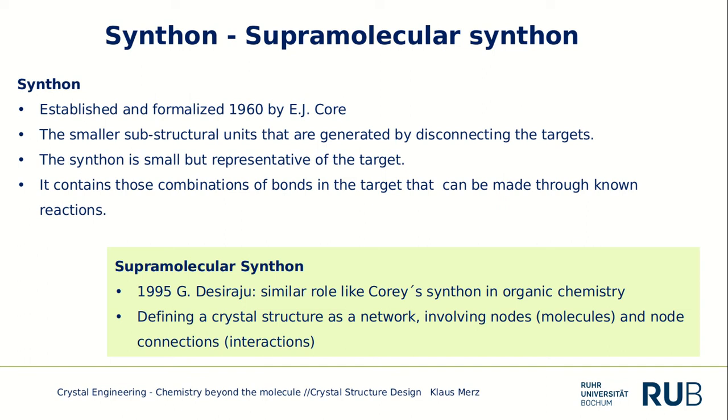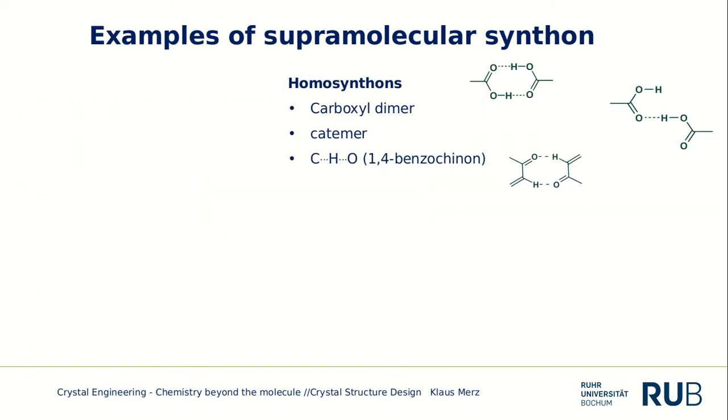And during our lecture series, we have seen several syntons, and we divide them into two classes. We have two different types: homosyntons. We have shown the carboxylic dimer, for example. See it here, we have a dimer.